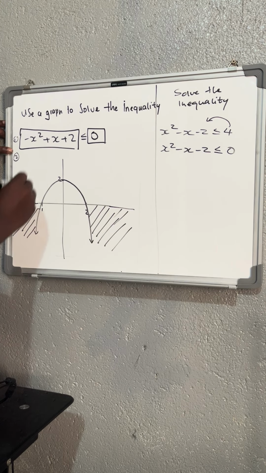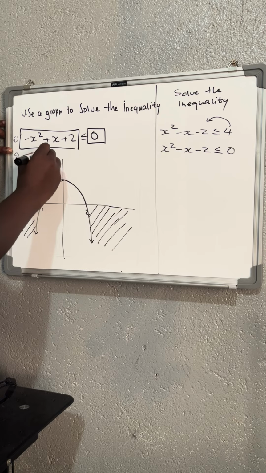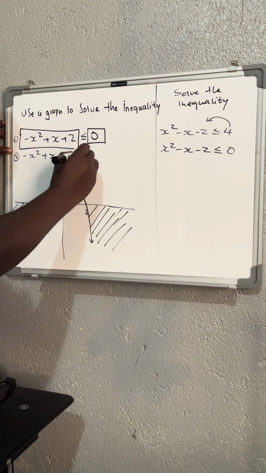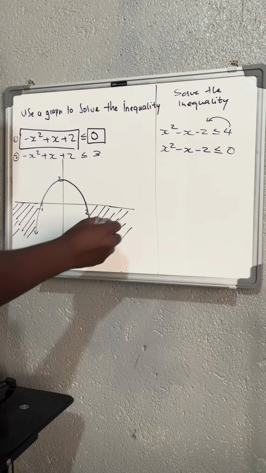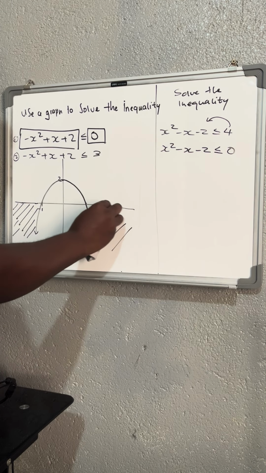Number 2, they say you have minus x squared plus x plus 2 is less than or equals to 3. This part is still going to be the same like this, but now the restriction changes.